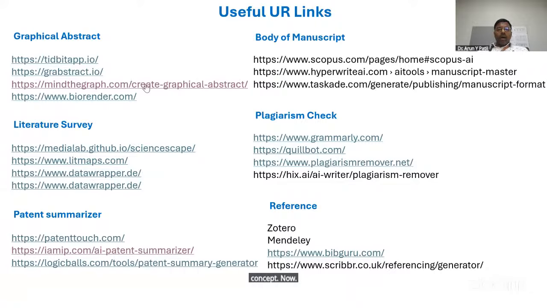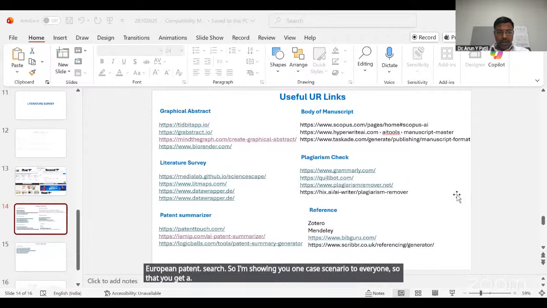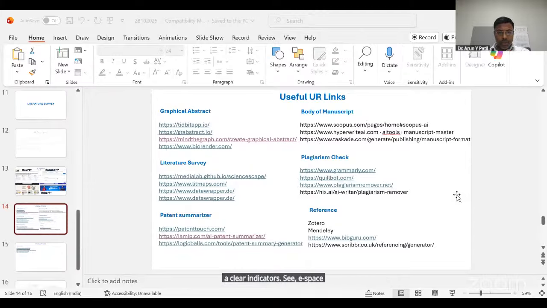Now, I'll be quickly showing you how this can be realized upfront. So just go to the web page, say European patent search. I'm showing you one case scenario to everyone so that you get a clear indication. See, Espacenet patent search, you have to go under this and search.